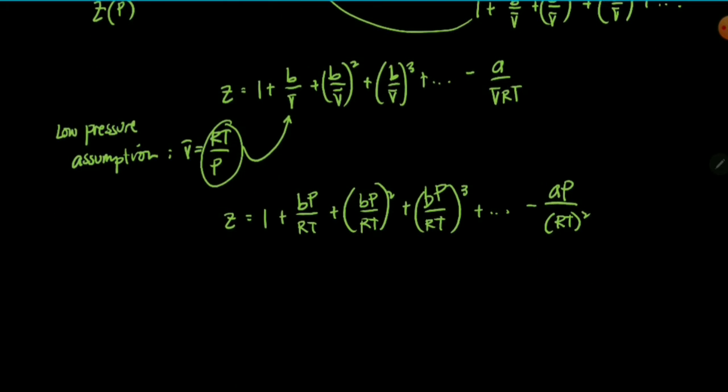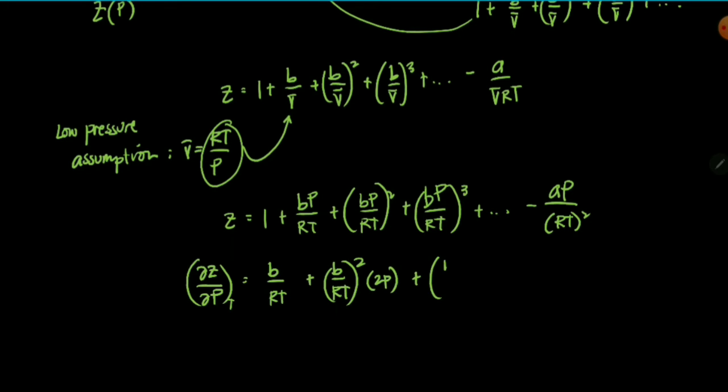Now, kunin natin yung derivative ng Z with respect to pressure. So, partial of Z with respect to pressure at constant temperature is equal to B over RT, plus B over RT squared times 2P, plus B over RT cubed times 3P squared, plus so mga derivative na yan, minus A over RT squared.